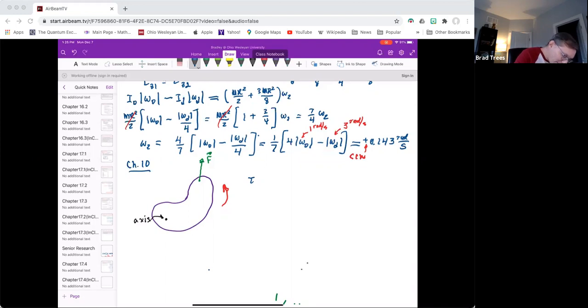That's the arrow from the axis out to the point where the force is acting. Boom, like that. R arrow, okay? That's also a part of your picture.